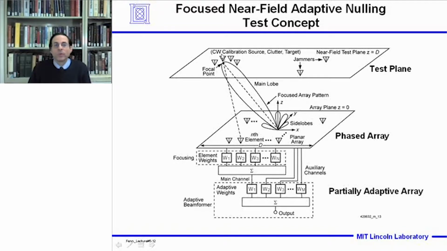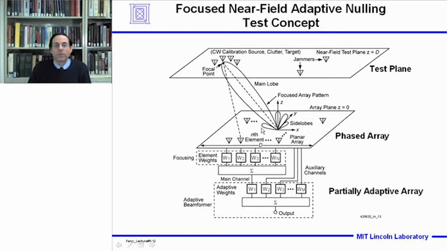We can introduce a CW radiating source in the band of the radar and then change the phase settings to maximize the signal received from the CW calibration source to form a focused beam.